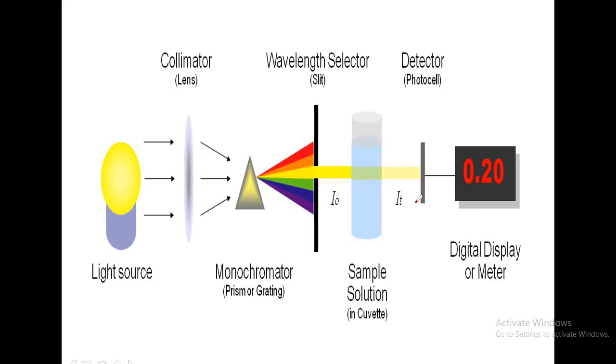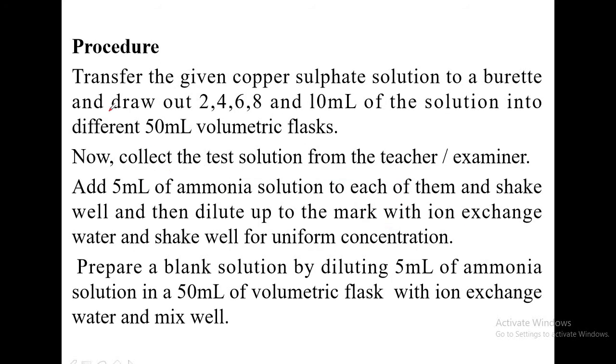Electrical signals are amplified, then processed in a signal processor where all the calculations take place, and finally the signal is converted into digital form, and on the display some digits appear, and we are taking a note of these digits as absorbance, or the amount of light absorbed by the solution.